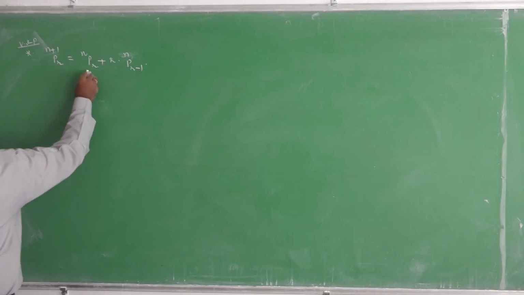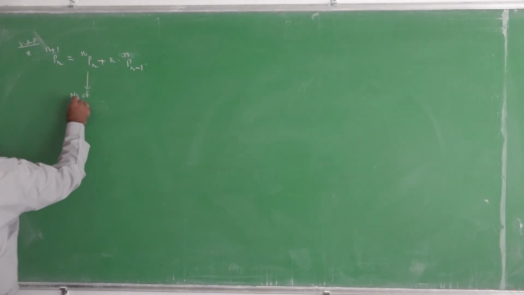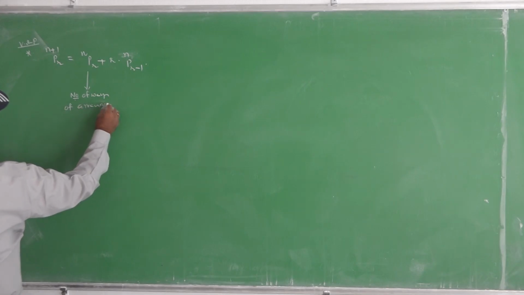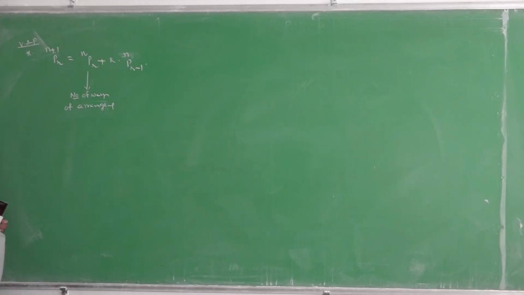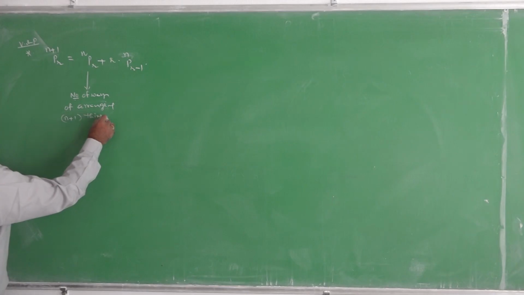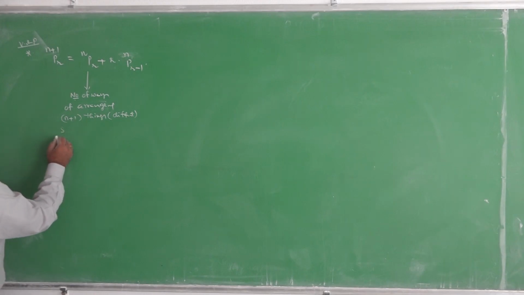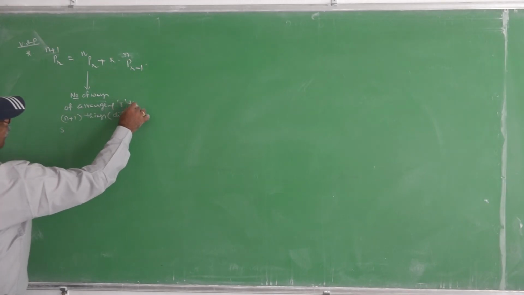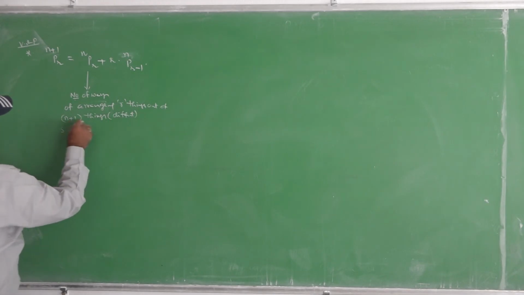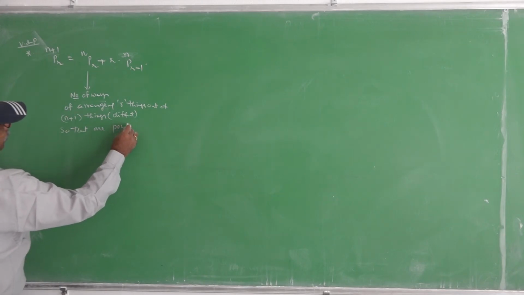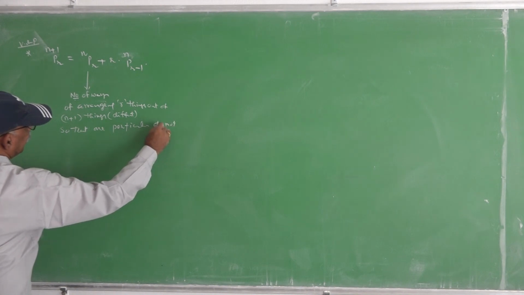So this is the number of ways of arranging r things out of n plus 1 different things, so that one particular thing is not included in the arrangement.